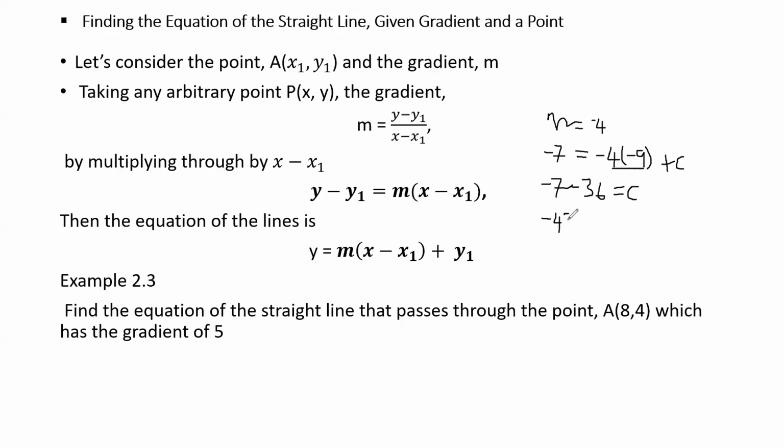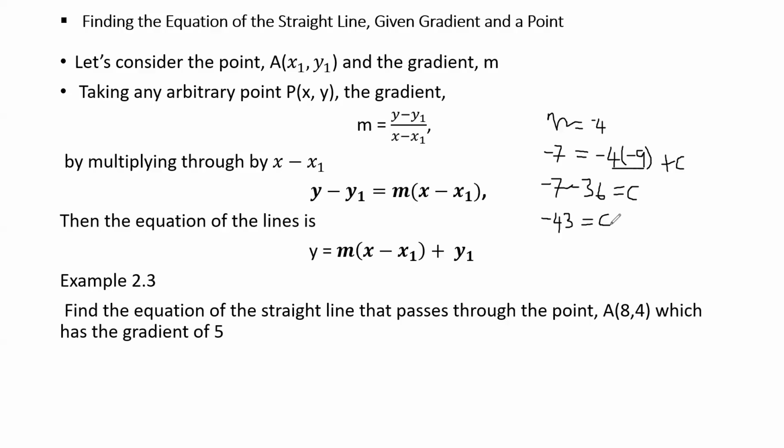So those who got negative 21, and those who got 29, all of you are wrong. Are you getting that? I thought this one they were able to do it. You must be mindful with the negative and positive signs when you are moving them.